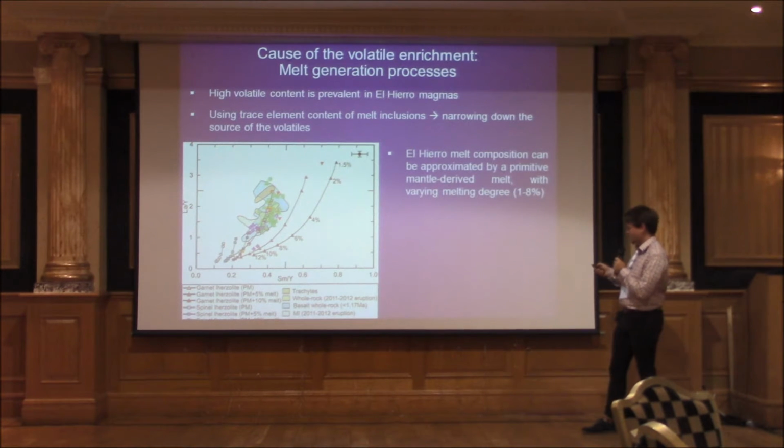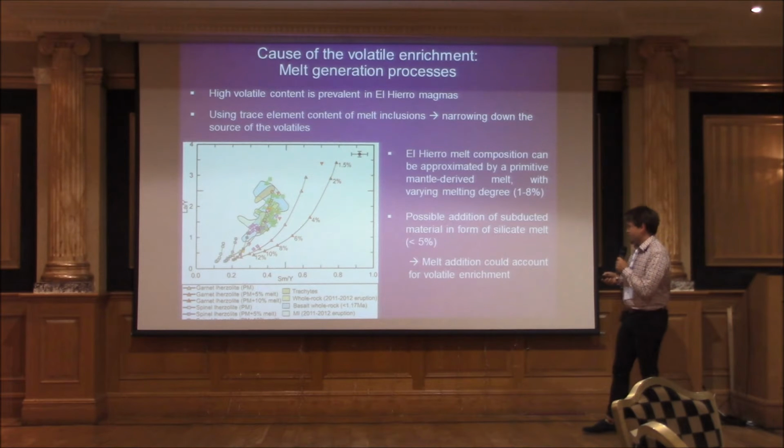So this is quite a low melting degree, which is typical in continental settings, but less typical in oceanic settings like El Hierro. A possible addition of previously subducted oceanic crust in the form of a silicate melt is possibly present, which is calculated along these lines.